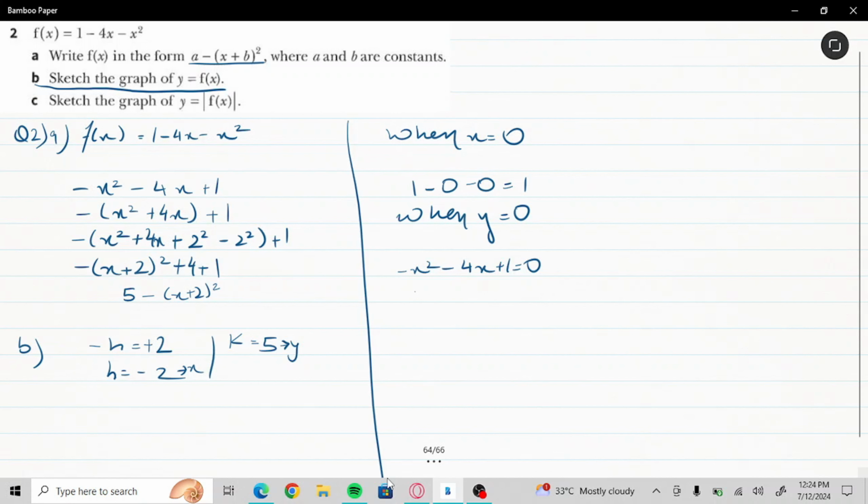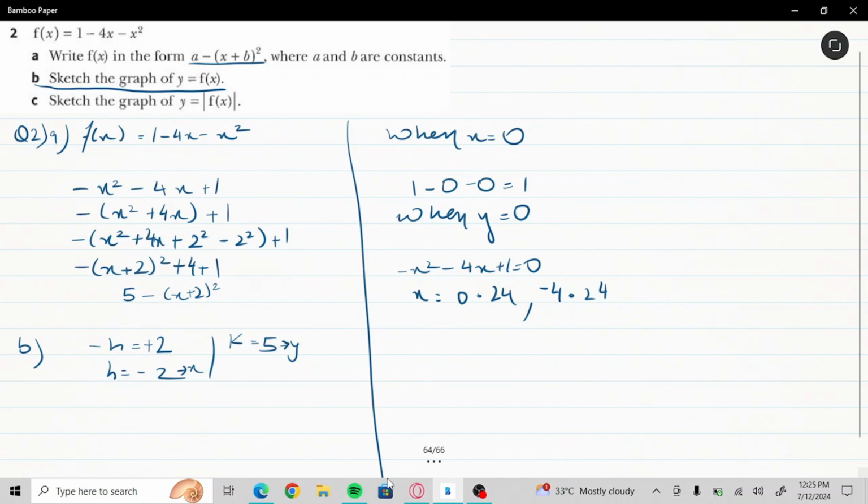In fact, we do not necessarily need the coefficient to be positive. I'm going to just directly solve it with the calculator. So it's going to be negative 1, negative 4, and positive 1. So two values of x. x is equal to 0.24, or x is equal to negative 4.24.